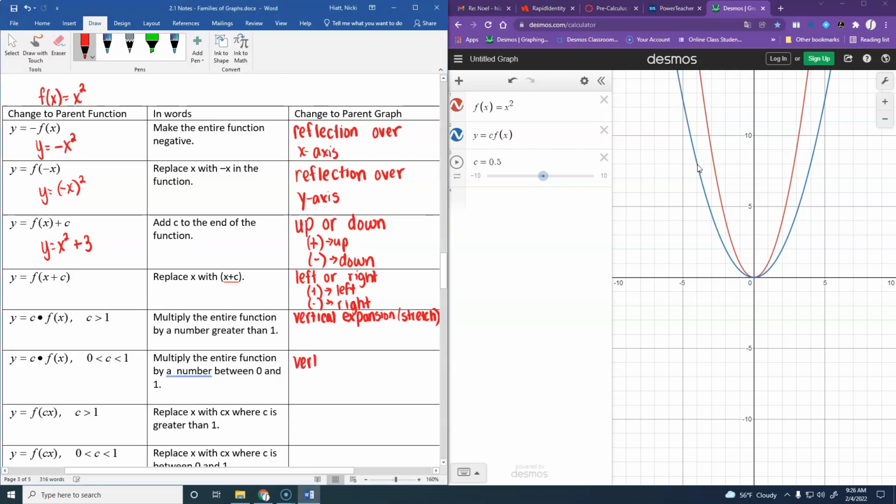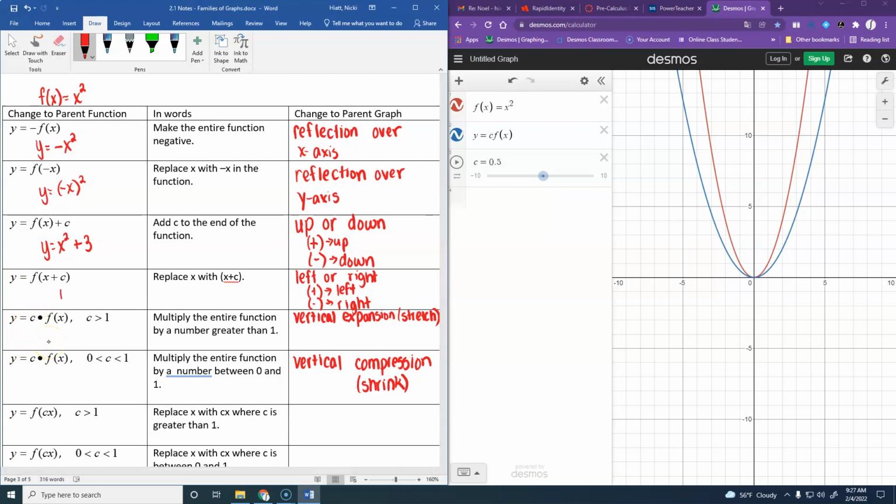This is a vertical compression. And sometimes, instead of compression, you might see the term shrink. Now, those vertical stretches and shrinks are going to happen when you're multiplying by a number on the outside.